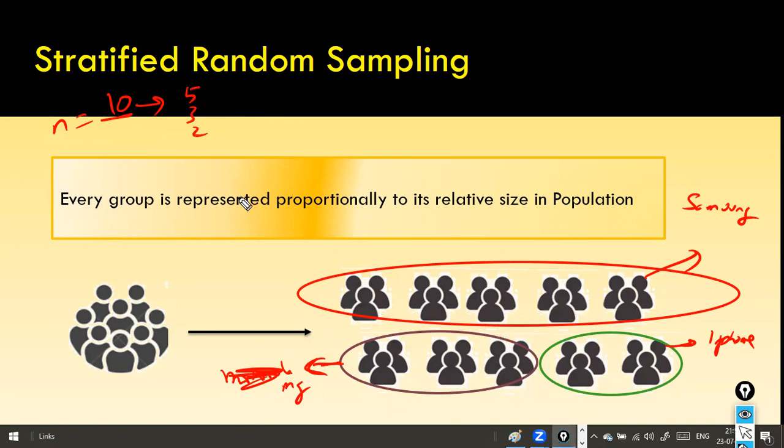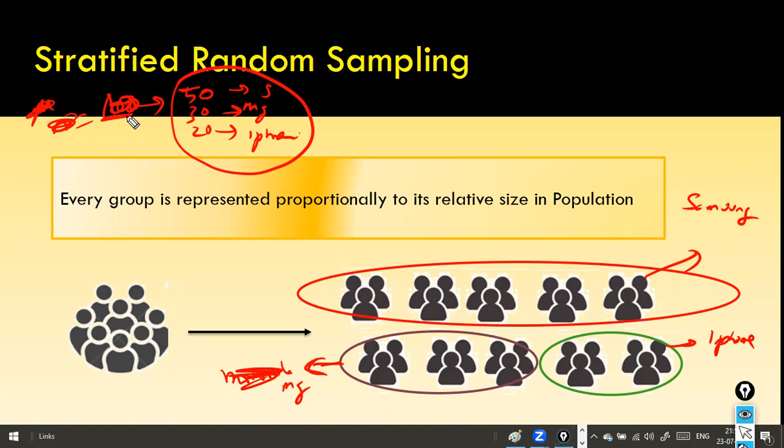5, 3, 2. So let's assume you have 100 customers, out of which 50 customers are Samsung, 30 customers are MG, and 20 customers are iPhone. Let's assume this is your population size.